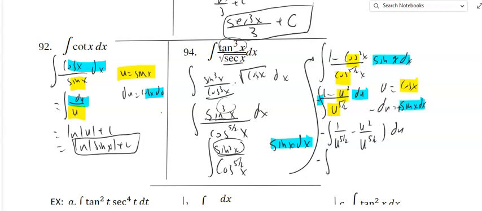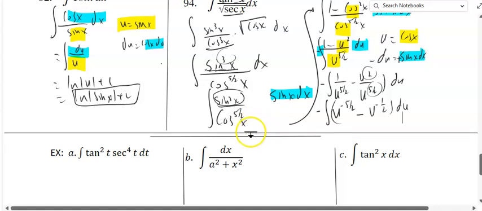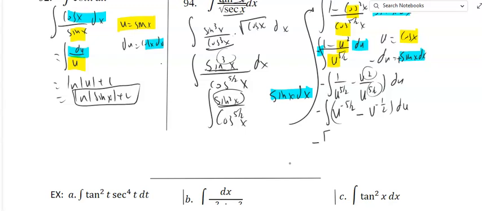This is negative the integral, and that is u to the negative 5/2 minus 2, minus 2.5 is negative 1/2, and that turns out to be add 1 to the power, that is negative 3/2, add 1 to the power, and distribute that in.